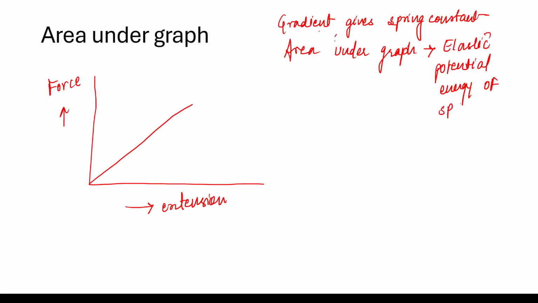So if Hooke's law is valid, in this case a straight line, because this is really important, if it is a straight line, then Hooke's law is valid. And what does the area under the graph give you? This area under the graph will give you the energy stored.